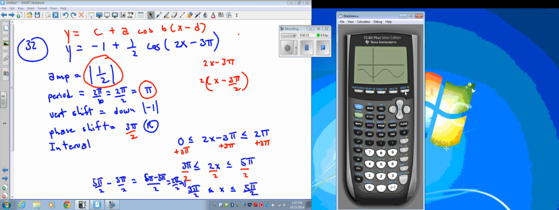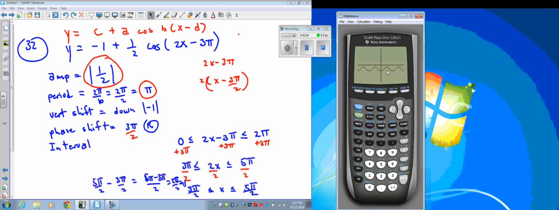Now, being in pi generation, if you want to verify this a little closer, you could go in and take a look at it in the trig. Go down here to 7, see what it looks like there. Now you can see that this minus 1 right here is where it's going down, going through. So that's a vertical shift down.